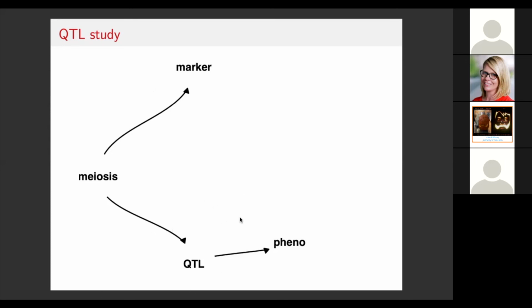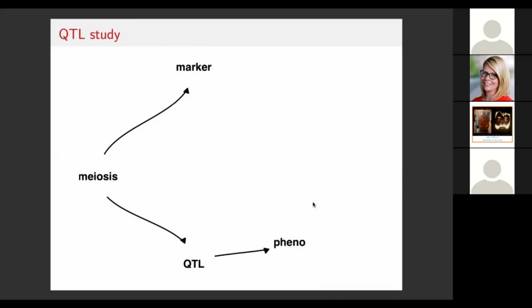In a QTL study, I am crossing two or more strains of an organism, and I genotype everybody, because the meiosis in the process of crossing is scrambling the genotypes of the parents of the cross. If I'm looking at a particular location, I'm interested in knowing whether that locus is causing the phenotype. I am interested in knowing about this arrow here.